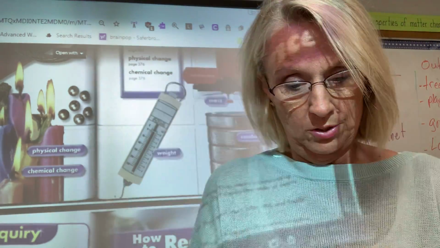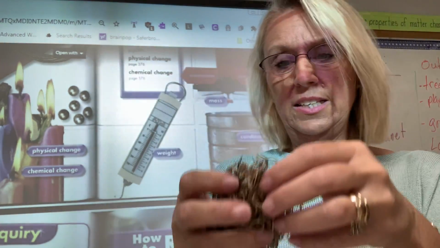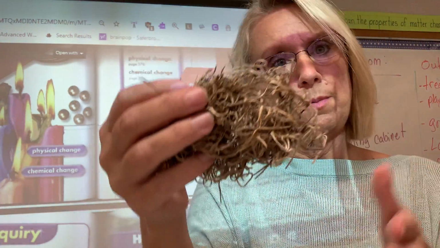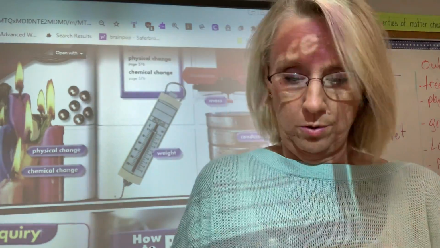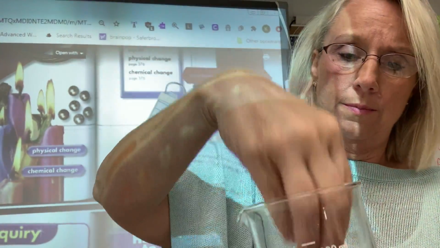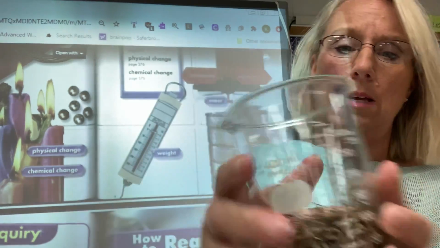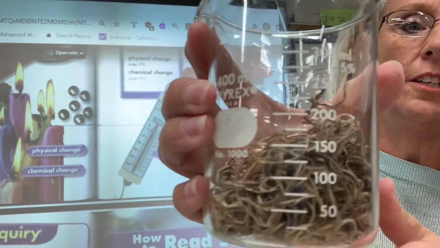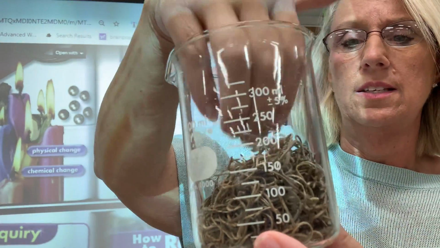These are milliliters. And then I've got this real wispy kind of floral grass that you buy in big giant bags at Walmart or the Dollar Tree. And I'm going to stuff it in my beaker. And when I stuff it in my beaker, I've got like 150 milliliters of this stuff.